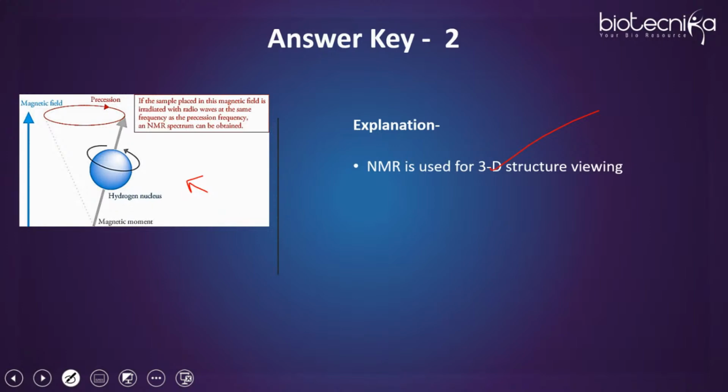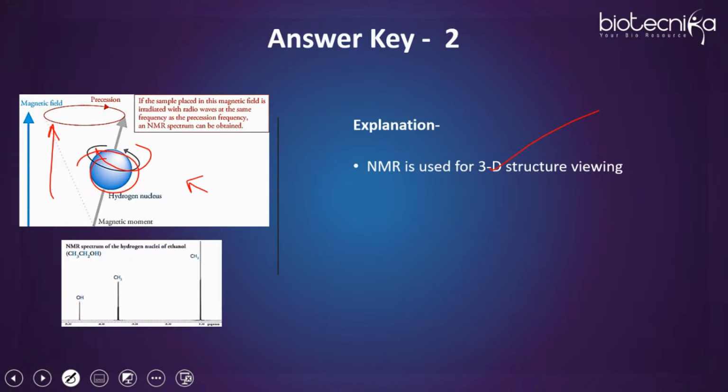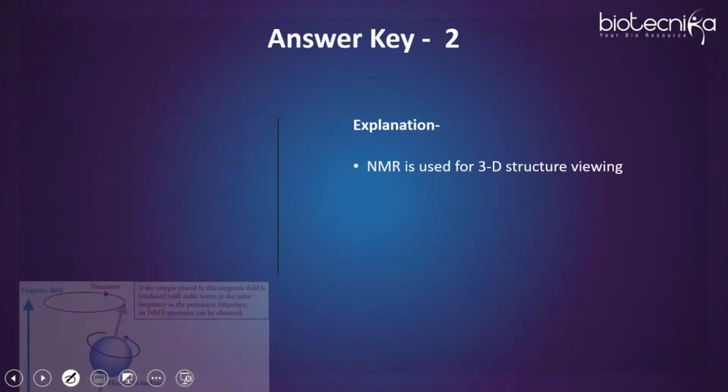When a nucleus that possesses a magnetic moment, such as a hydrogen or carbon nucleus, is placed in a strong magnetic field, it begins to precess like a spinning top, right? And that's where you can find a certain spectrum. If the sample is placed in a magnetic field and irradiated with radio waves, you can find the frequency as the NMR spectra. That helps us view the 3D structure, right?